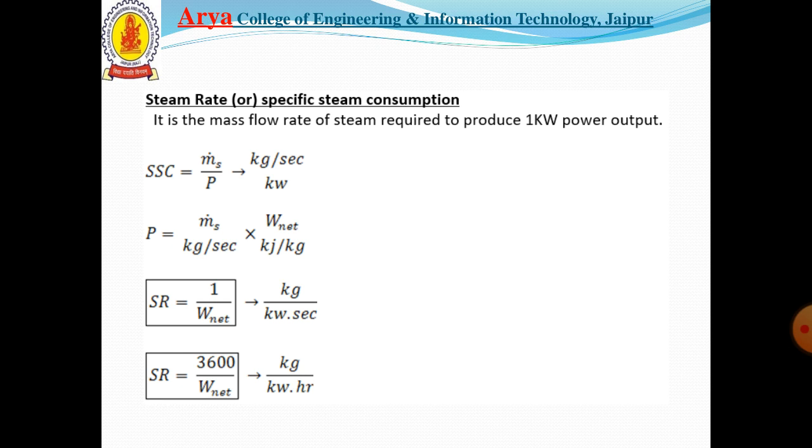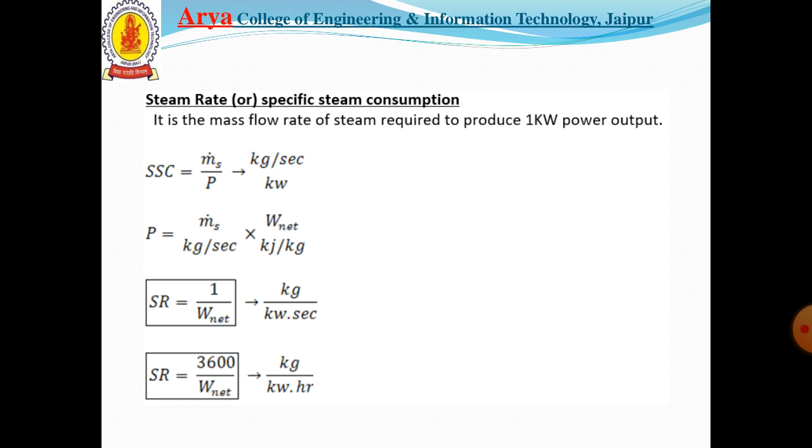Now the steam rate or specific steam consumption of the cycle. It is the mass flow rate of the steam required to produce 1 kilowatt power output, SSC, that is equal to m dot s upon P, in kg per second per kilowatt, power in kilowatt.